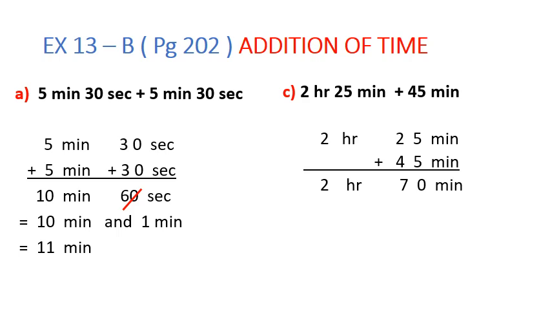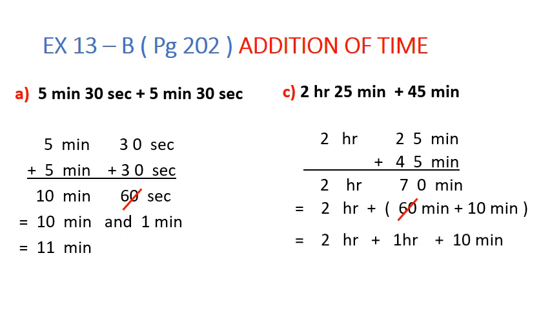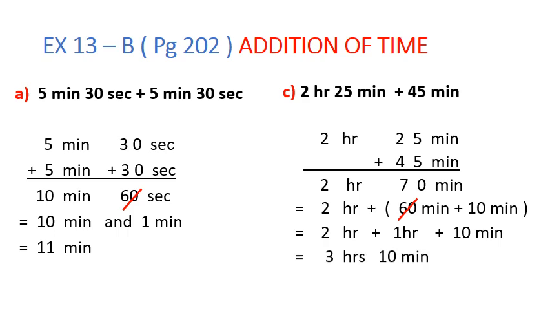Now 70 minutes, I am going to split as 60 plus 10. Now see 60 minutes will become 1 hour. So 2 hours, 1 hour plus 10 minutes. That is same as 3 hours 10 minutes. Is it okay?